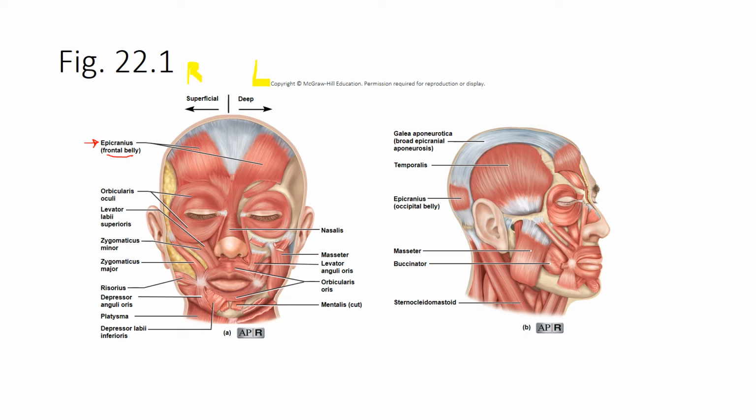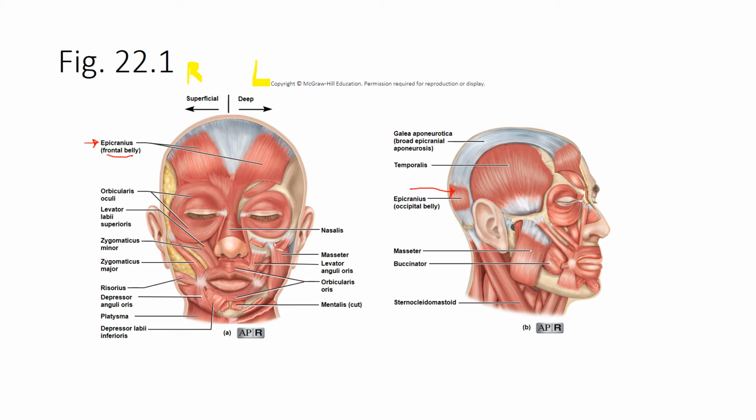In this case it will be the occipital belly, the epicranius occipital belly at the back of your skull, in this image on your left side here. So epi, as you know from epithelium, epi would be upon, the most outer one, covering something from outside. Epicranius, cranium is anything to do with the skull or the head, the brain. So the epicranius is the muscle that covers the front of your forehead here.